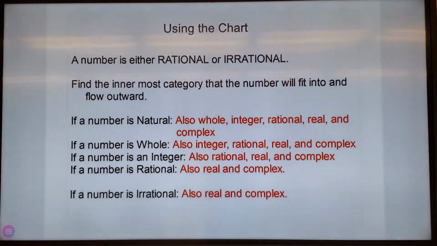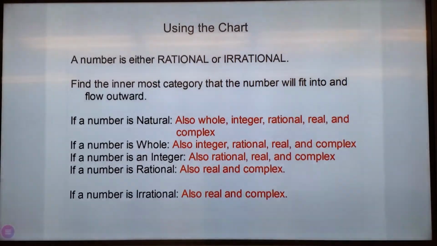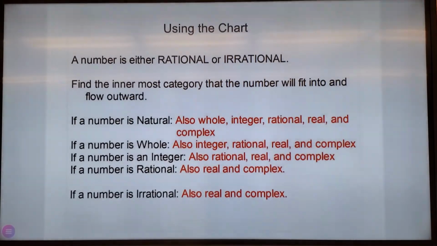If I give you a fraction, or a decimal, or a square root, then that number is a rational number and then flows out to real and complex. If I give you a number that's irrational, such as the number e, yes, I said the number e, not the letter e. e is used in banking quite a bit, for your interest, or for population size.